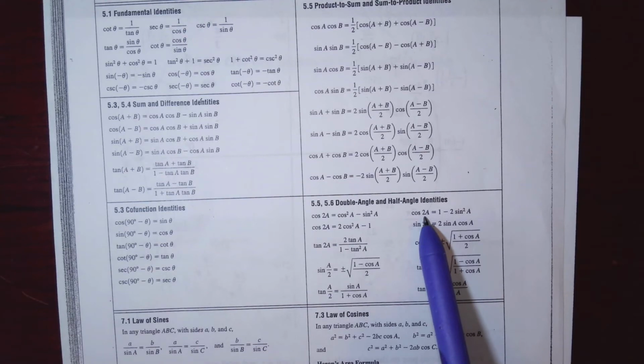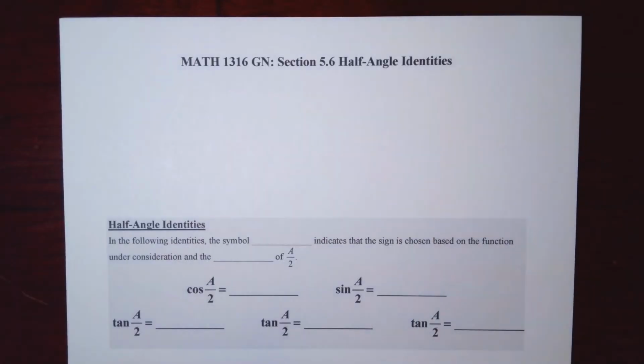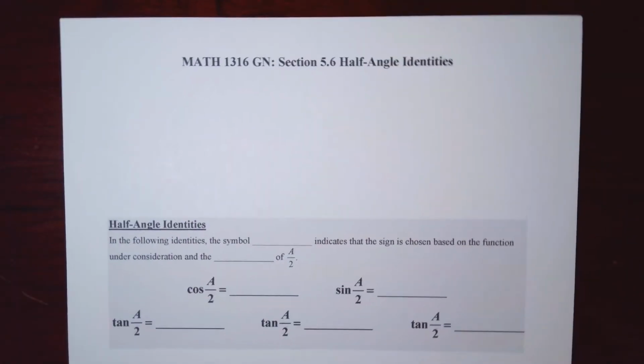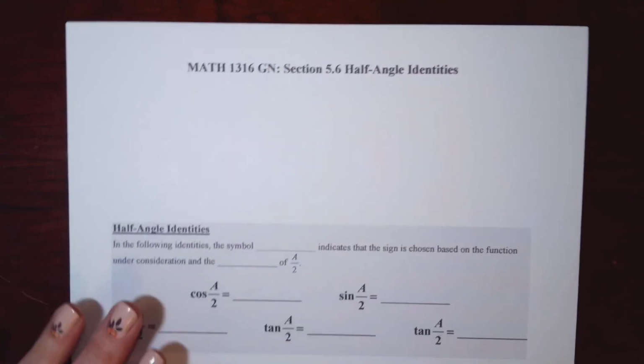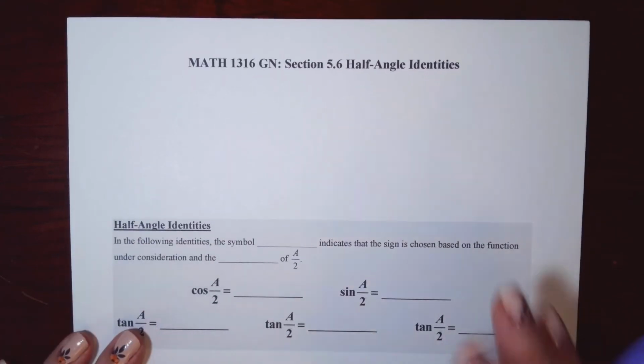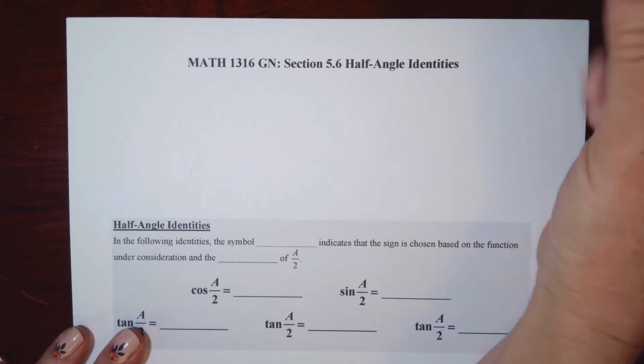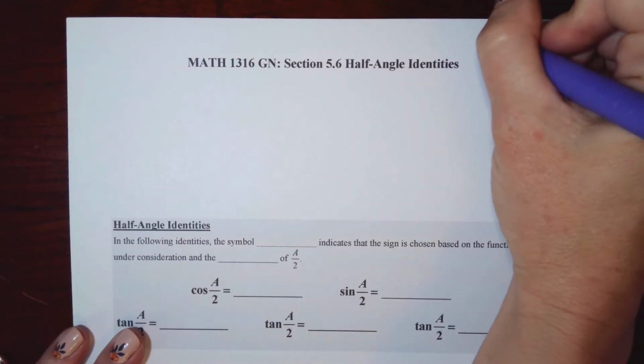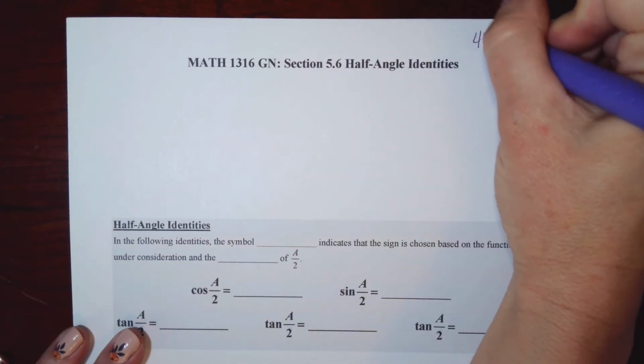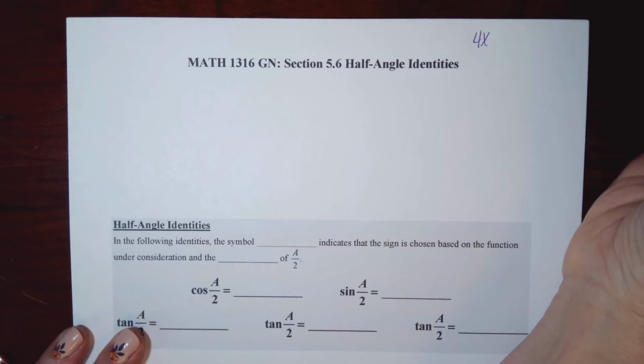Now, the half angle identities rely on you comparing the argument of one side to the argument of another. It doesn't necessarily have to have a fraction in it. For example, if I have 4x as my argument, what's half of 4x?